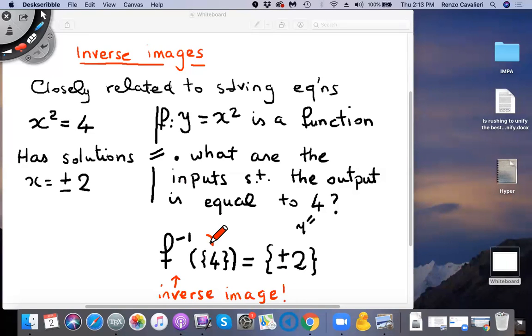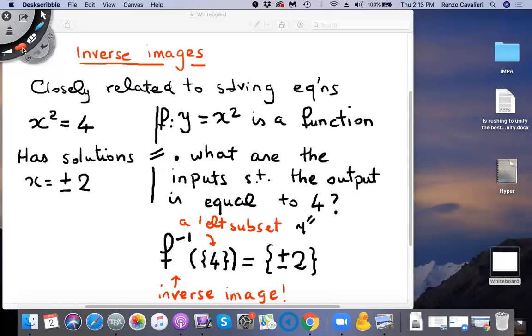So now we're thinking of 4 as a one-element subset. And notice that this f inverse is not a function that takes as input y values and produces x values, because the one-element subset 4, that you could think of as a y input, produces two outputs, right? So it produces a subset.